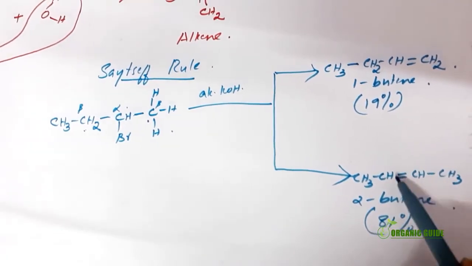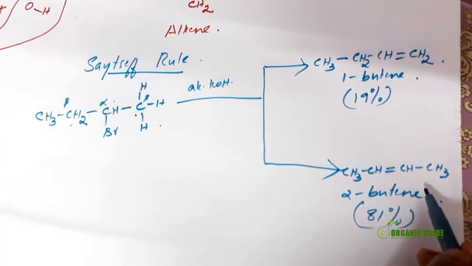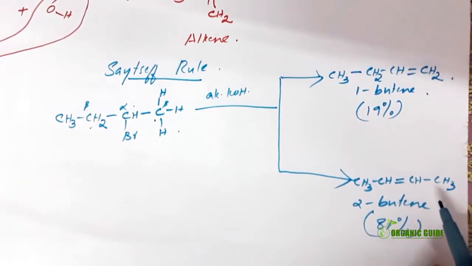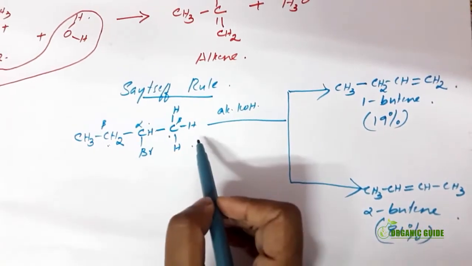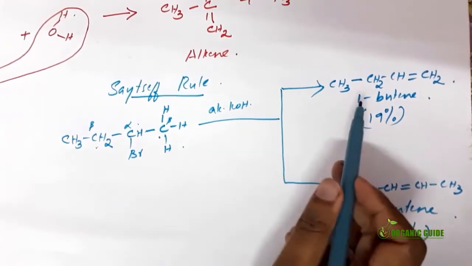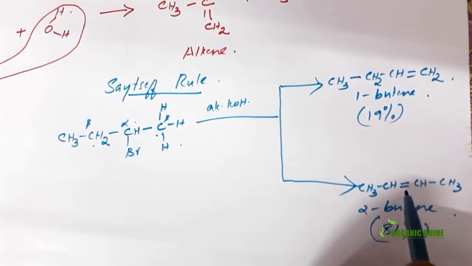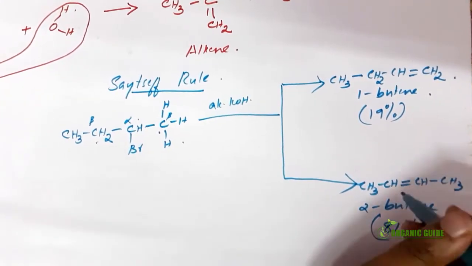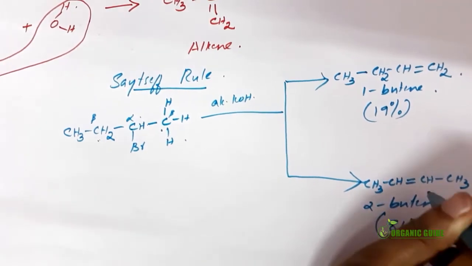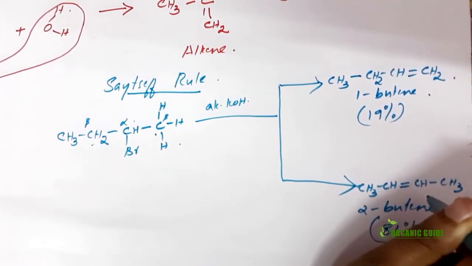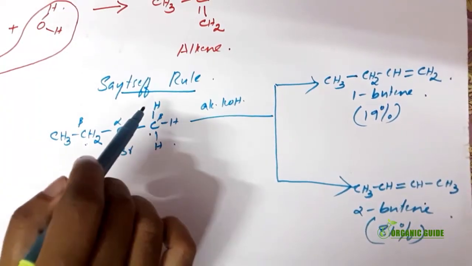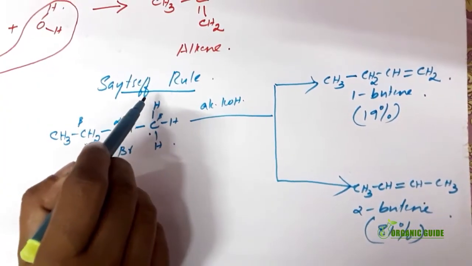So this will be our major product. So what do you mean by Zaitsev rule? In a dehydrohalogenation reaction, if an alkyl halide favors two products, the major product will always be the highly substituted product. So that is a very important Zaitsev rule. We will get university questions.